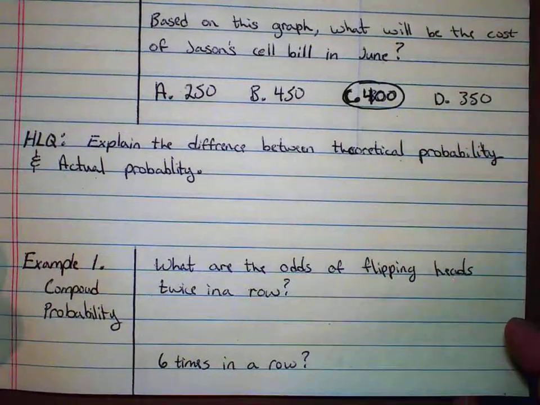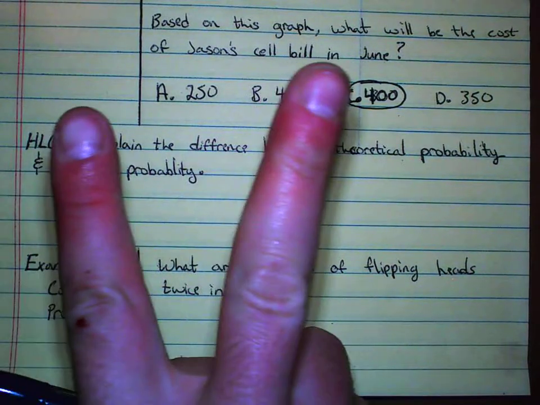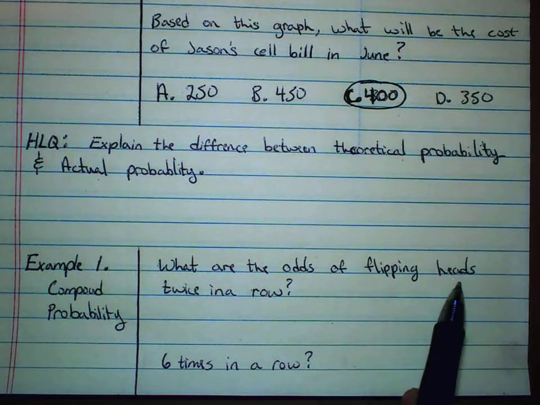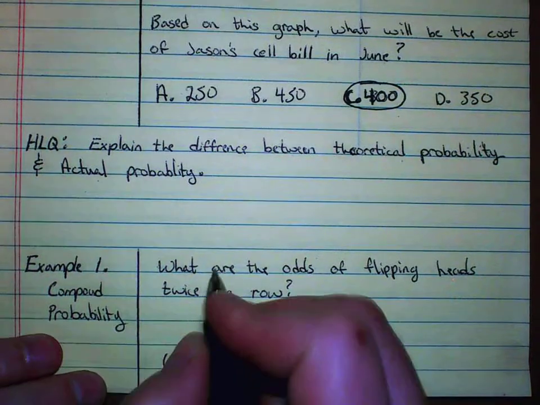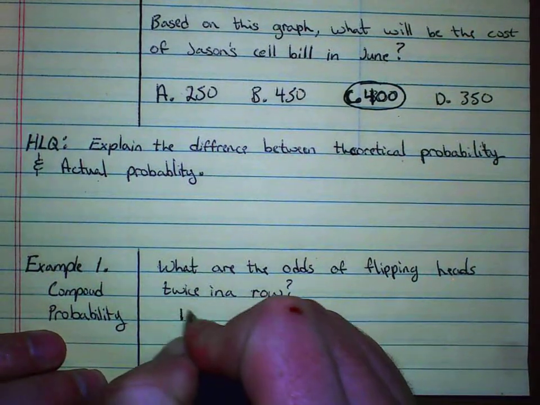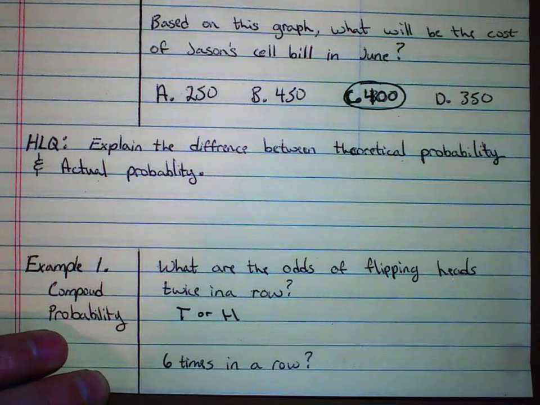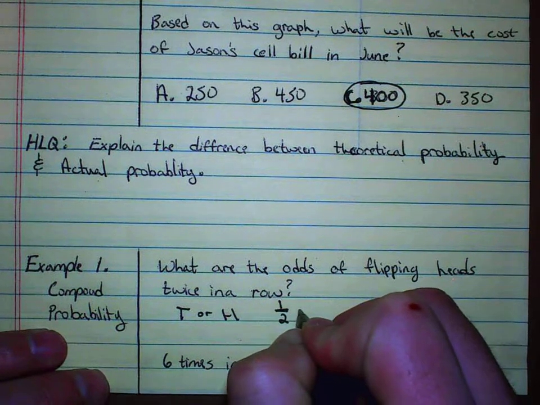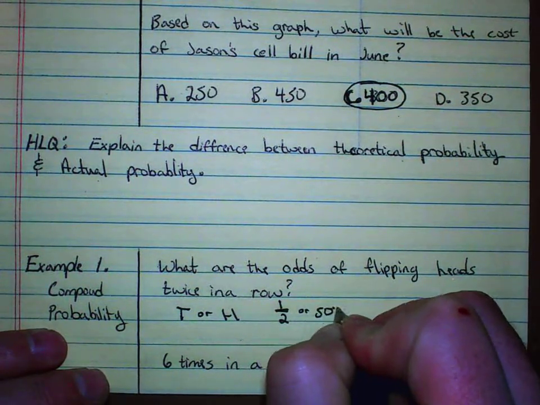Example number one. This is called compound probability. It's what happens when we're involving two different things. So what are the odds of flipping heads twice in a row? Well, let's think. If we have a coin, we have tails or heads, right? So if I flip a coin, I have a 50% chance or 1 out of 2.